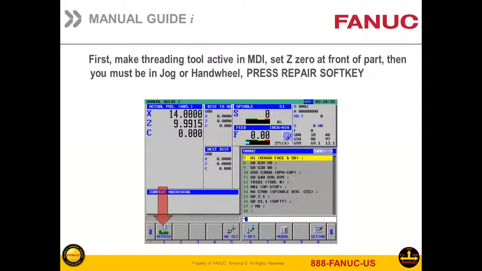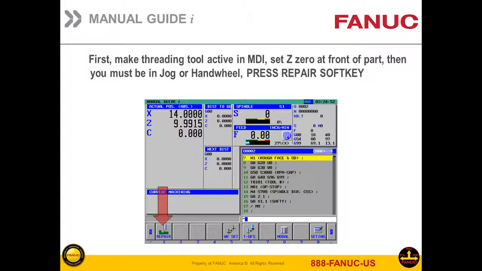And the procedure on how it works is, first, obviously, you go into MDI, make a threading tool active, whatever tool number that might be. And you set your work offset at the front of the part. Okay? Once you do that, you go into jog, hand wheel, remote, however your machine describes going into a manual mode where you can move it with a hand wheel or with a jog button.